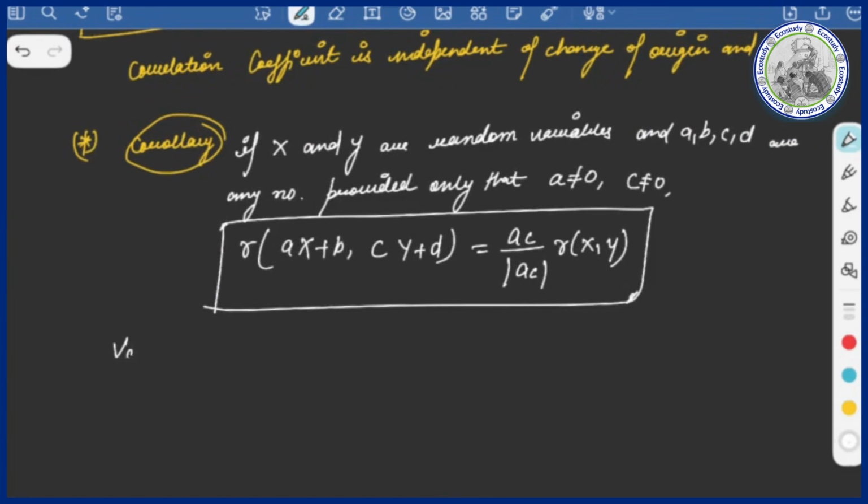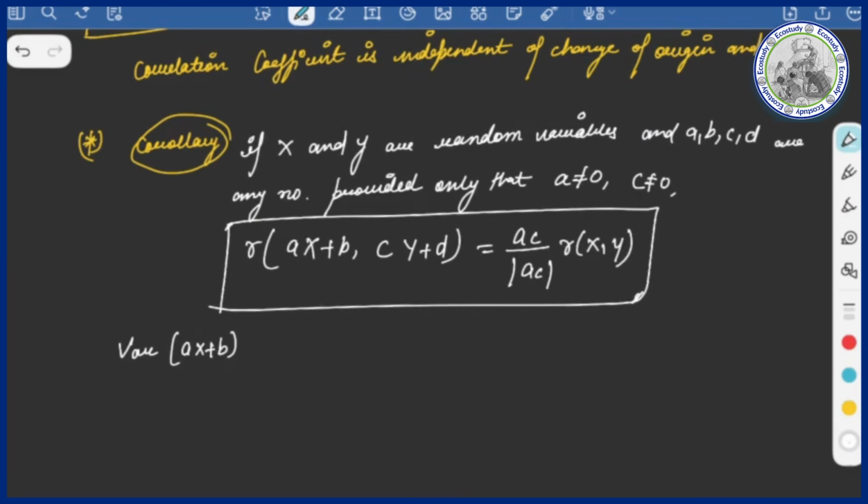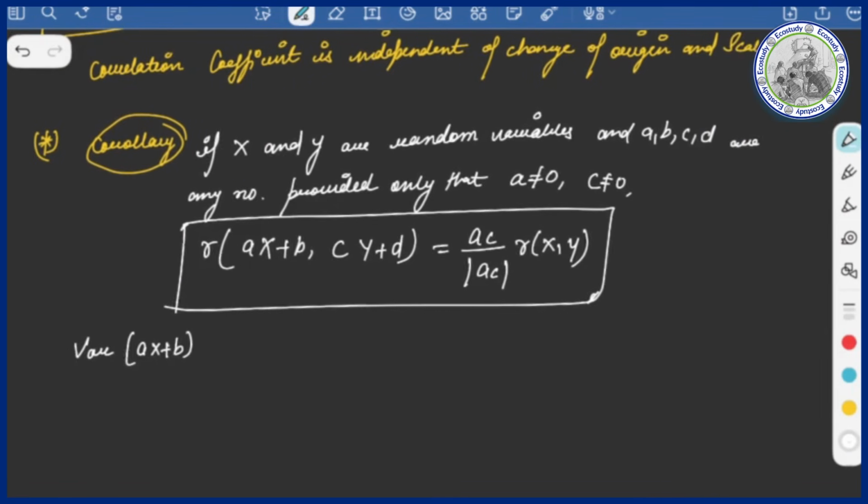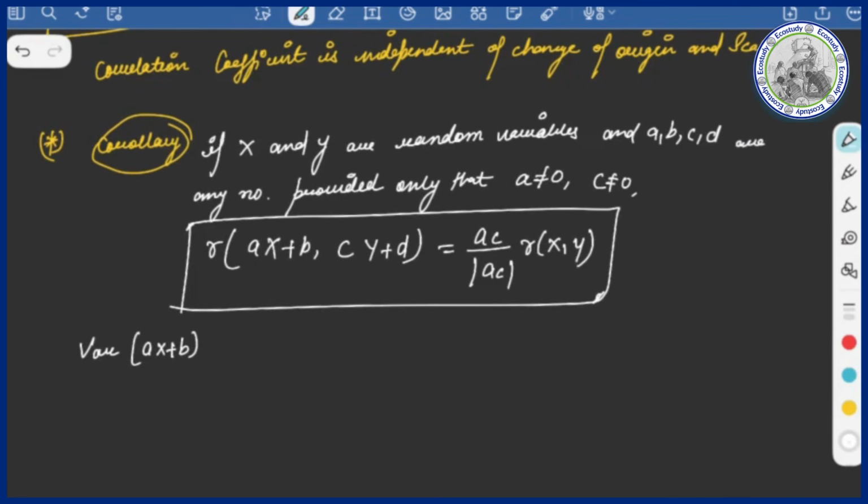Variance of ax plus b is equal to a square sigma square x. Variance of cy plus d is equal to c square sigma square y.